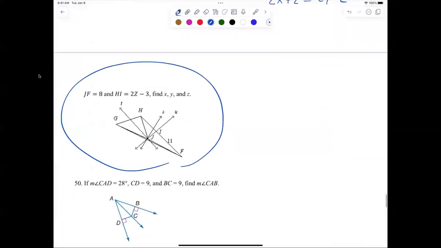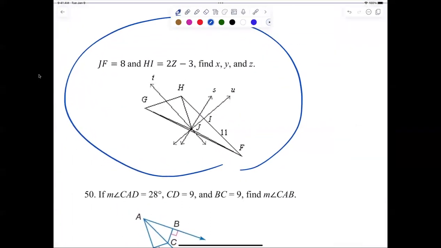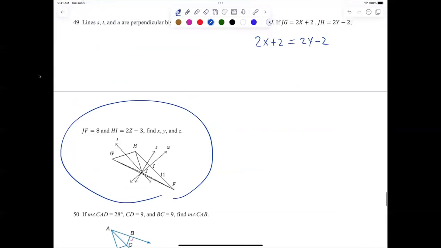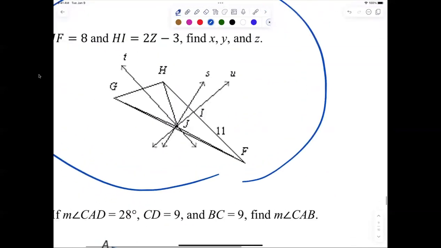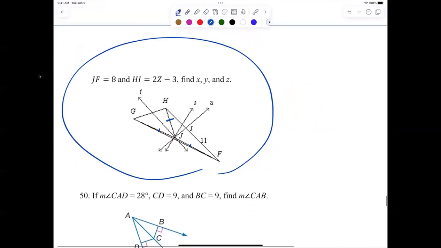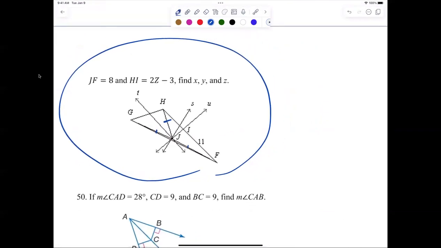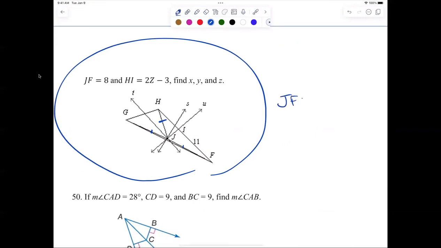All right, so these are all the perpendicular bisectors. So because of that, we know that this is equal to this, which is equal to this. We all agree. So how do we know? JF is how much? JF is equal to 8, therefore JH has to equal what?